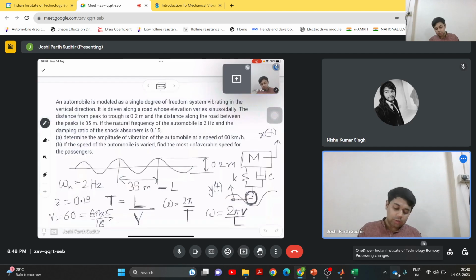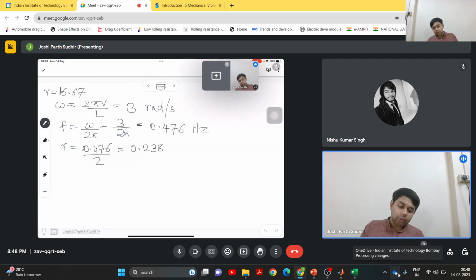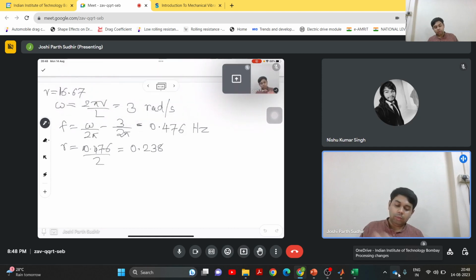So now let us write down the equation of motion. For that, let us first draw the free body diagram.